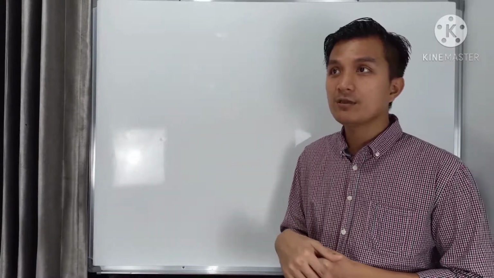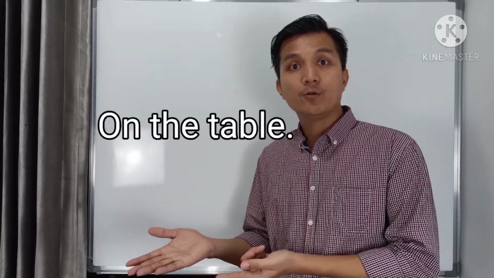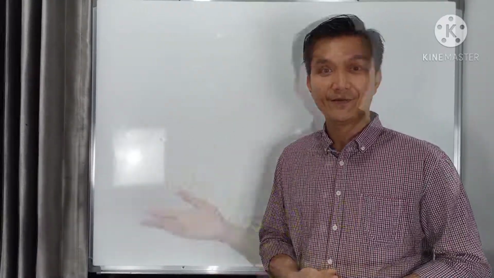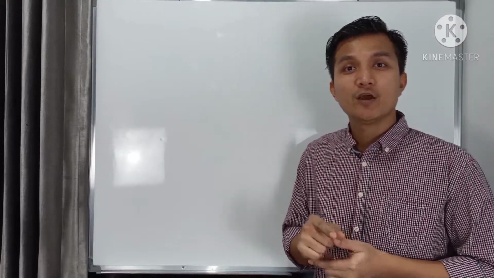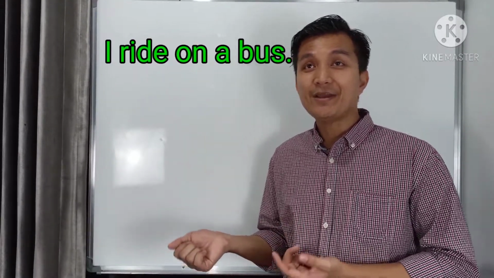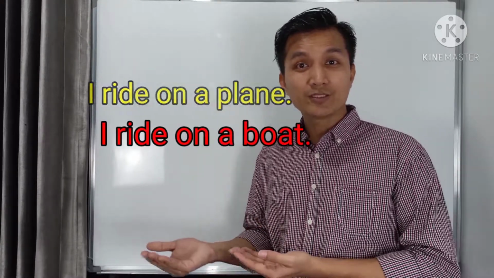If we are talking about surfaces, like for example, on the table, on the chair, on the floor. Or if we are talking about means of transportation, for example, I ride on a bus, I ride on a plane, I ride on a boat.